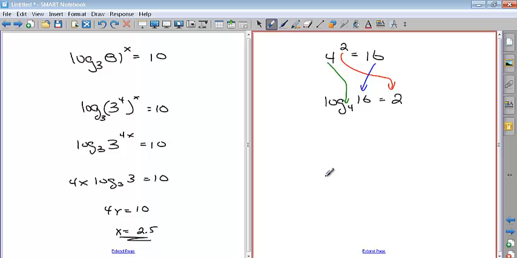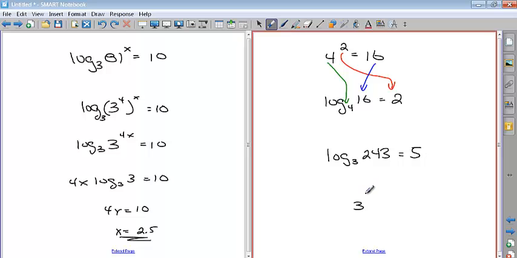And you can go the other direction too. You could say, log base 3 of, let's say, 243 equals 5. So you're given that. What's the corresponding exponential equation? Well, this is the base, so 3 is the base.